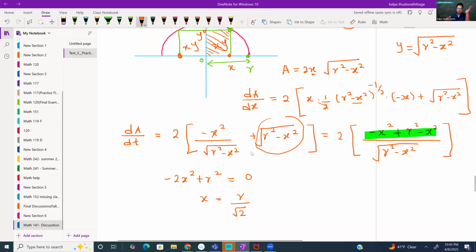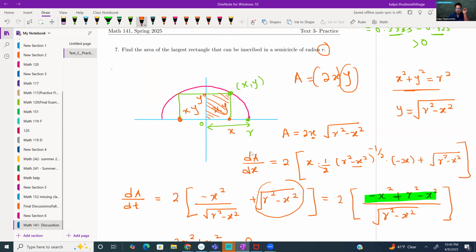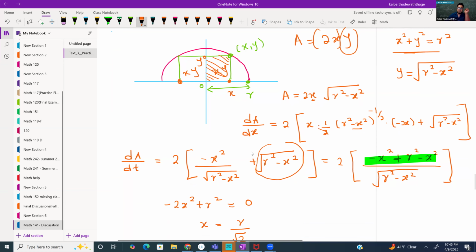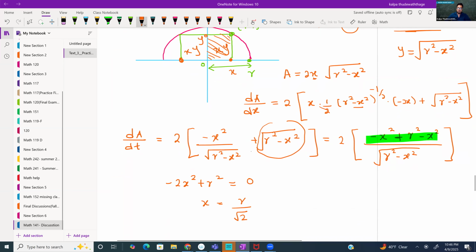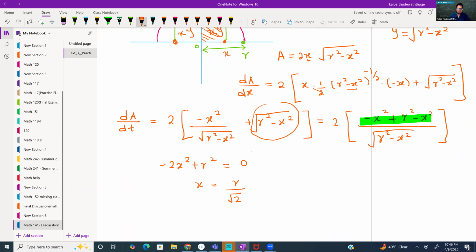We can find the maximum area, and they asked mainly you need to find the area, and you can find the dimension. Width is 2x, height is y. But when it asks maximum area, you can write down what is 2xy, right? So we found this number, r over root 2.